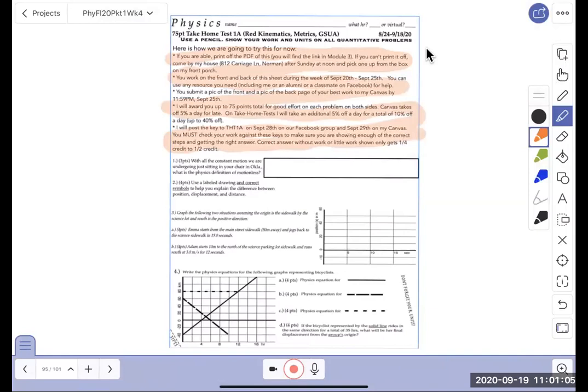So if you can't print it off, I will print off some today. I'll go to the high school and print off some. If you don't have a printer, I'll put 20 or so into a box, and then you can come by my house, 812 Carriage Lane, and pick them up.